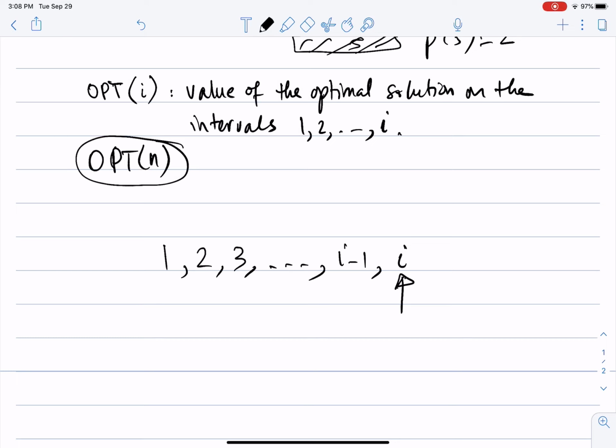Remember that we need the intervals to be compatible. I cannot just maximize the weight. I have to take also the intervals to be compatible. Now, remember that we had defined P of I here.